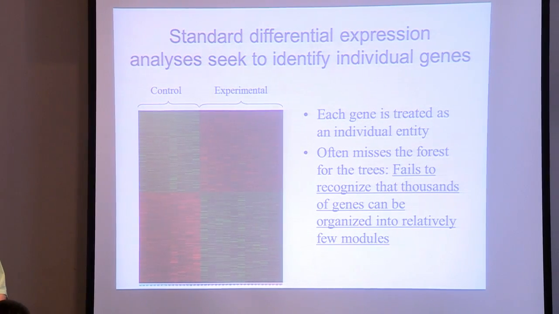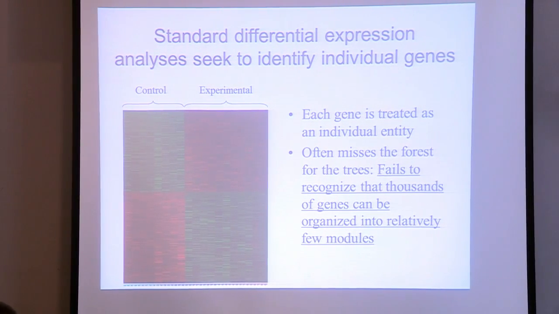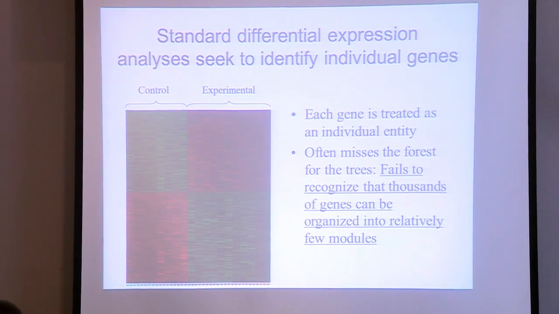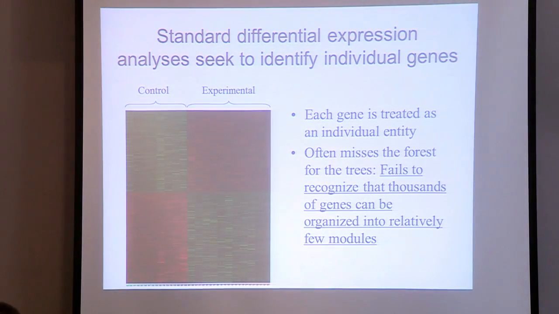So just to remind you of gene expression data and the standard differential expression analysis. Here we see a heat map plot where the rows correspond to genes and the columns could be different samples. So for example, controls versus an experimental perturbation. Red indicates, of course, overexpression.